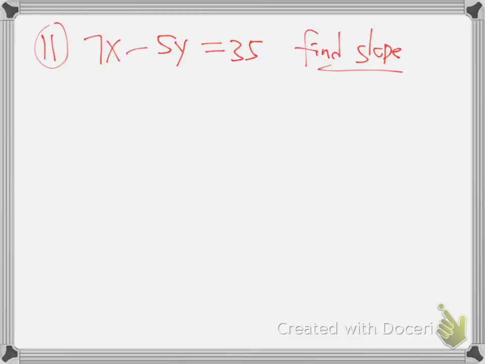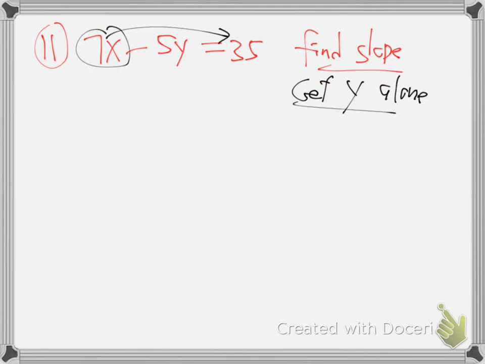So try that one. Find the slope from an equation. See what you remember about that. So get y alone. It's just like graphing, basically, isn't it? Just grab that 7x, jump it over. Or I could have jumped the minus 5y.